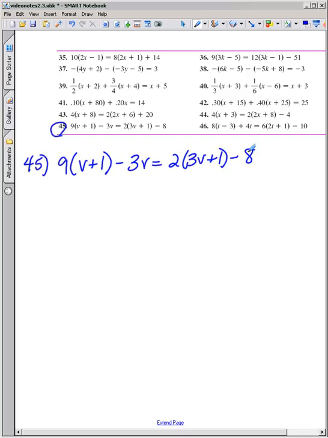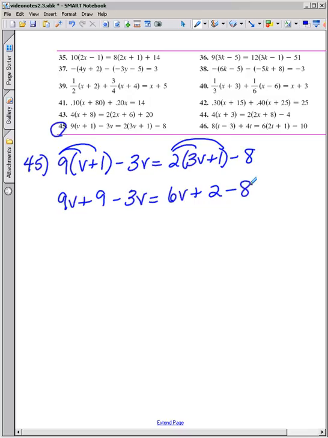Looks just like the equations we've done. First thing you want to do is to distribute, right? Clear the parentheses. So we have 9v plus 9 minus 3v is equal to 6v plus 2 minus 8.